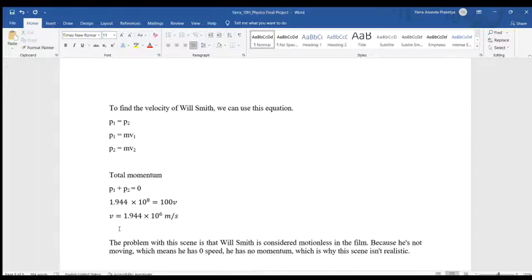It would need a velocity, which is why the scene isn't realistic at all. Right? Will Smith would not be able to stop that freight train from just plowing through him. And for that reason, I'd rate this scene an XP. Obviously, physics from an unknown universe, right? Can't be explained. We have to get a better scientist to do it, or someone else.